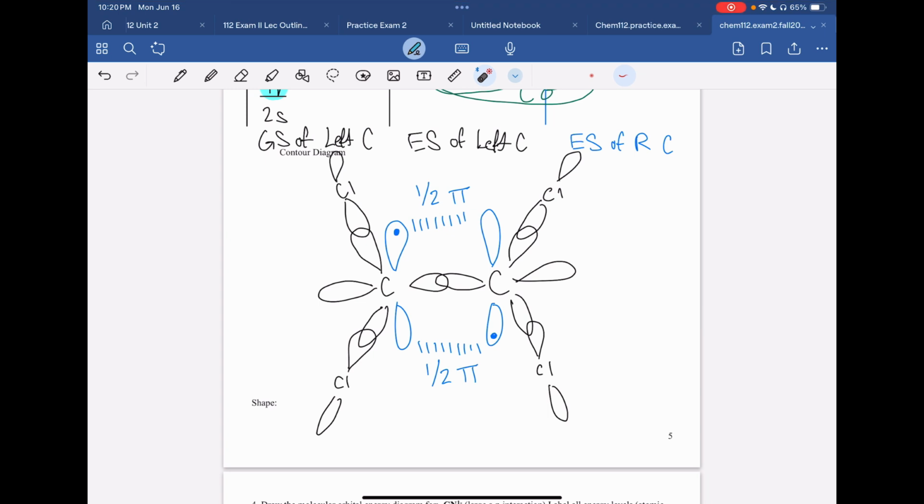So if you want to be super scientific, just put one on the top left, one on the bottom right, because this is proving that from here to here, this connection is 1/2, right? Only one electron is being shared, and then here's your other 1/2.